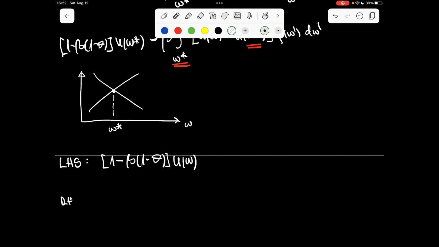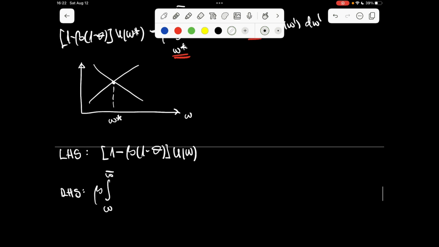The right-hand side is more complicated, and this is the point where the mathematics becomes really beautiful, because we need to integrate by parts, and this is a technique that is so beautiful.